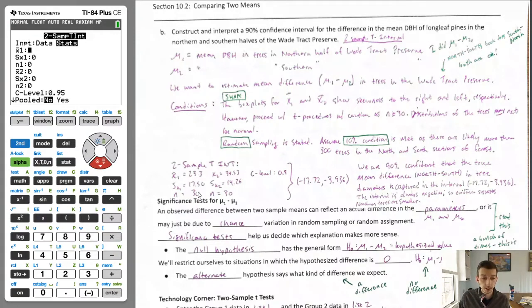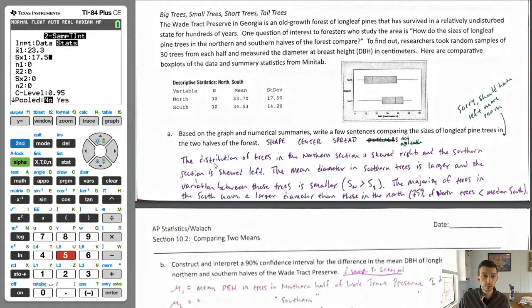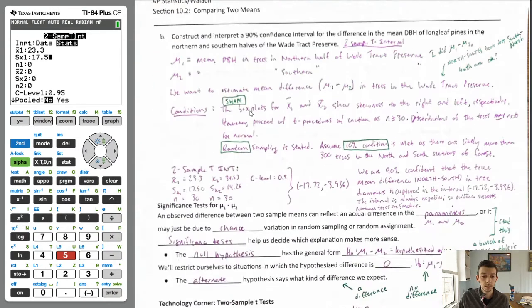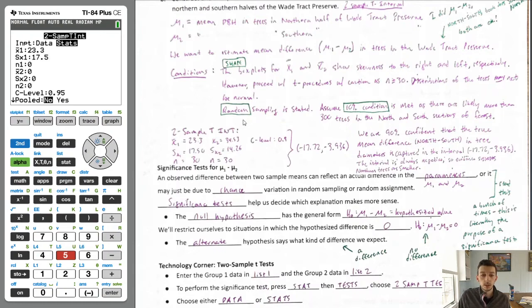So I'm entering it, I set it up where my sample statistic here, number 1, is the northern half, and my 2 is the southern half. So I'm going to enter that 23.3, my standard deviation 17.5, and again, where am I getting these numbers? They're right here. They're already calculated for us. So scroll down a little bit so you can see.